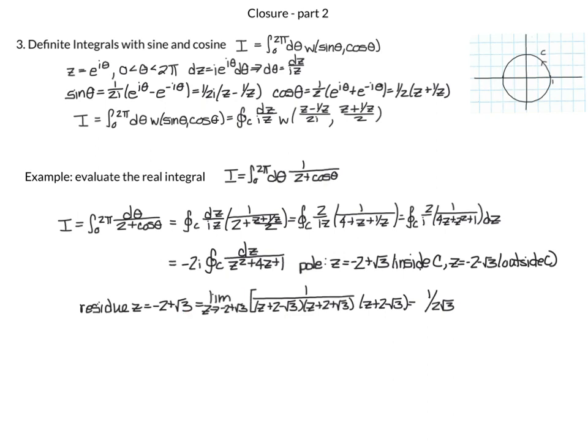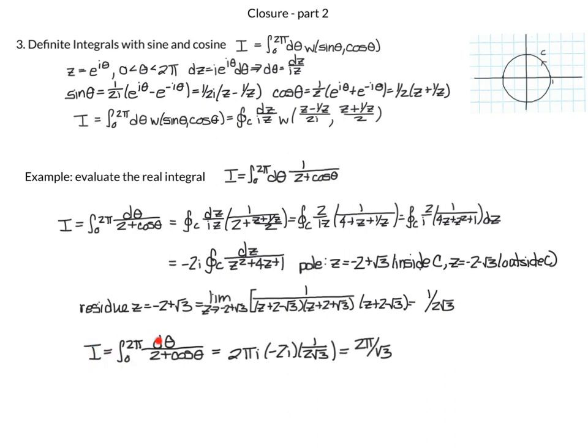So we have the limit as z approaches minus 2 plus square root of 3 of 1 over z plus 2 minus square root of 3 times z plus 2 plus square root of 3, times our z minus our singularity, which gets rid of our singularity, so we can plug in minus 2 plus square root of 3 into what's remaining, which is over here, and we get 1 over 2 square root of 3.